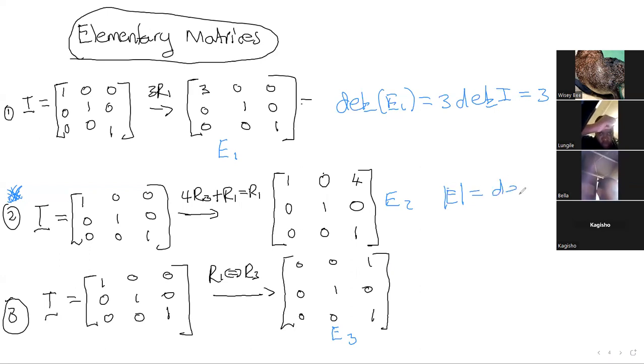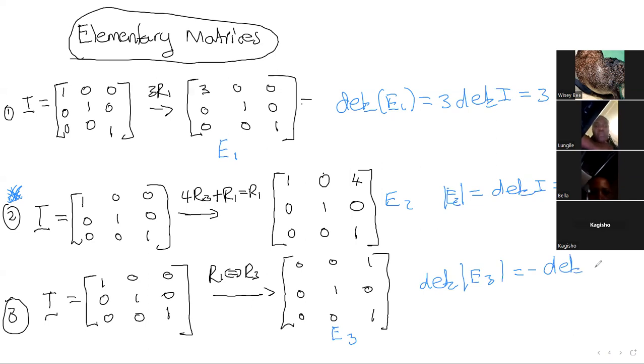It's going to be determinant of I, which is 1. In this case, determinant of E3 will be negative because we swapped rows. Determinant of I, which is equal to minus 1. So basically that's it. 6 minutes.